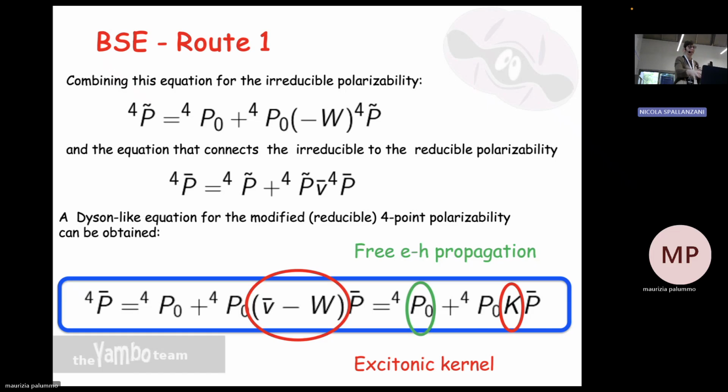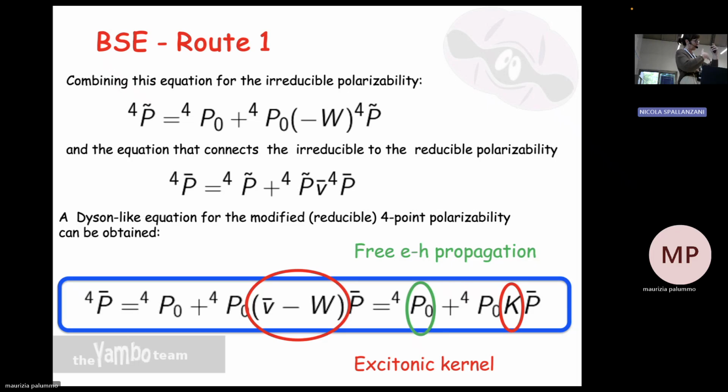In our case, we arrived at two terms: V bar, the Coulomb screened potential without the G equal to 0 term, and W. As you see, one is repulsive, the other is attractive.